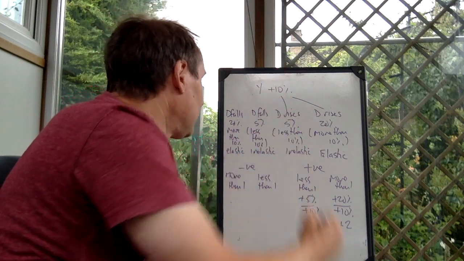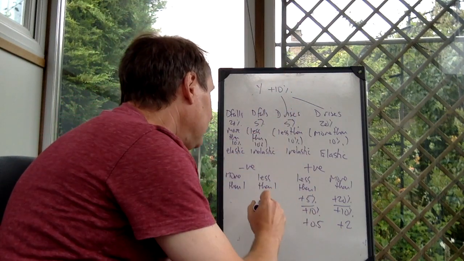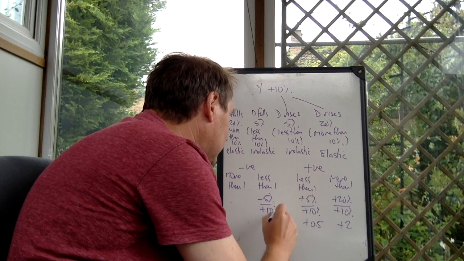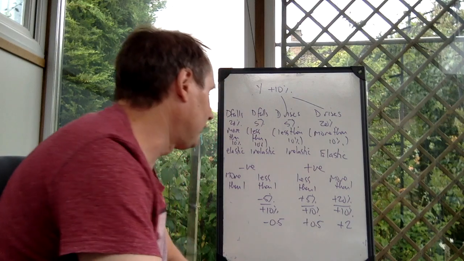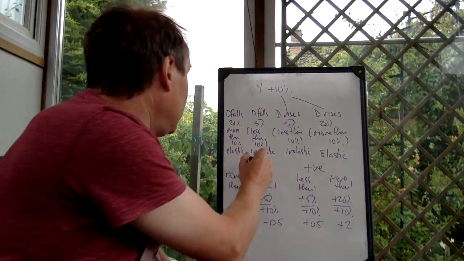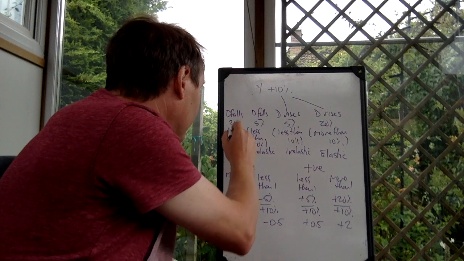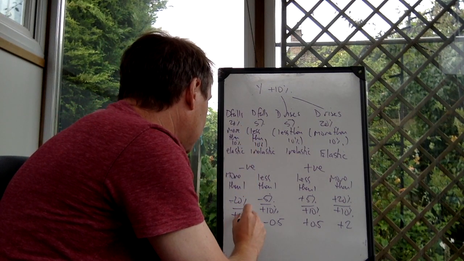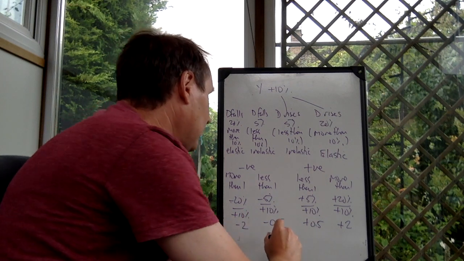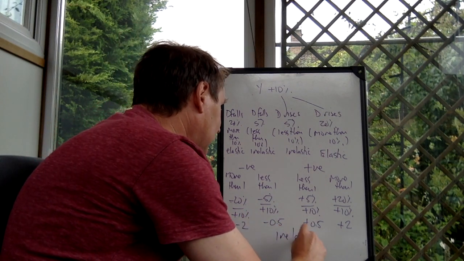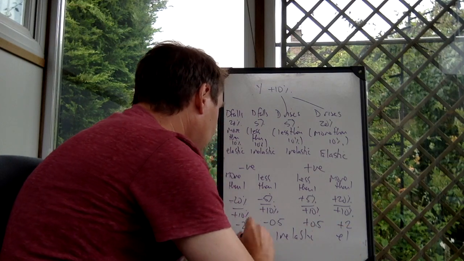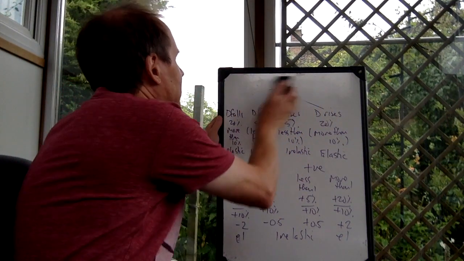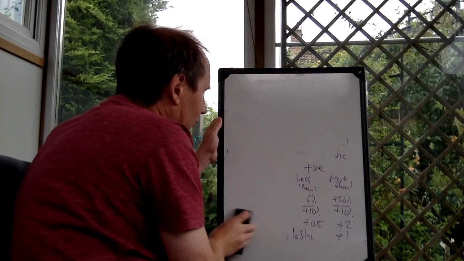Here, if income rises by 10% and demand falls, we've got minus 5% over plus 10%, that's minus 0.5. And finally, if income rises by 10% and demand falls by 20%, then we've got minus 20% over plus 10%, that's minus 2. So those two are both inelastic, and those two are both elastic. So what we've got to ask ourselves then is, what is it that's going to make demand either positive or negative?